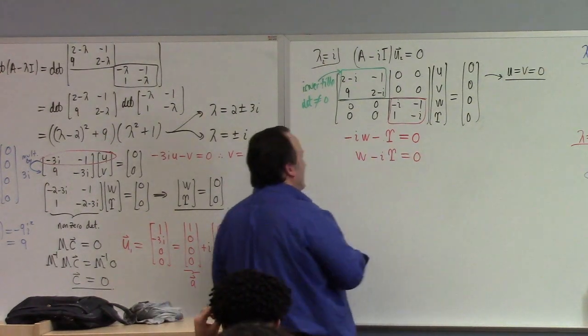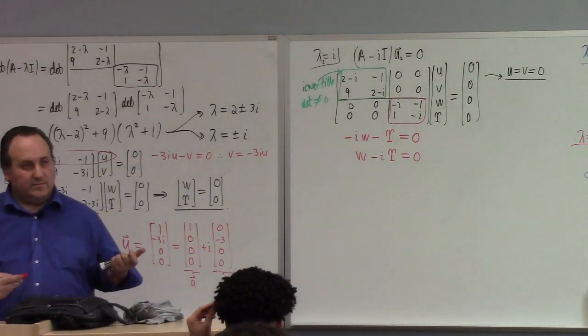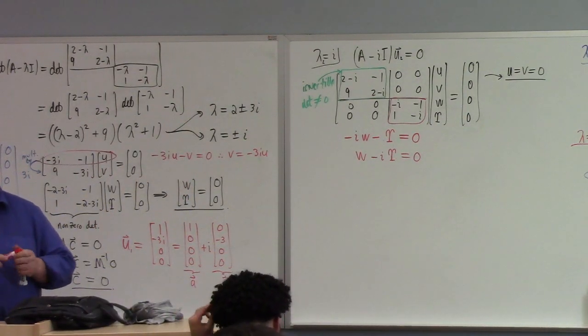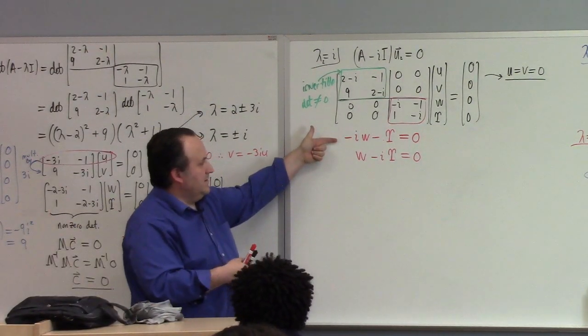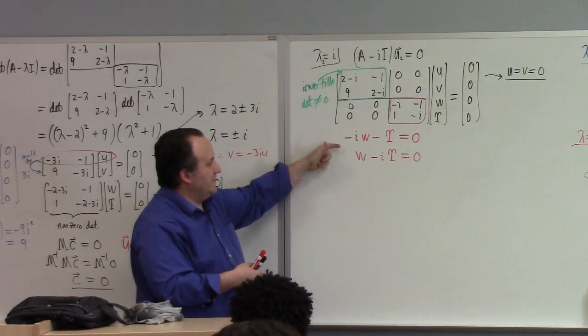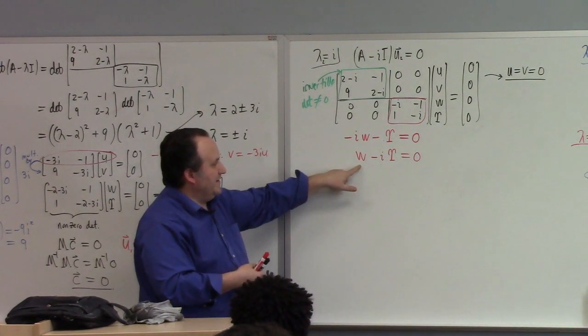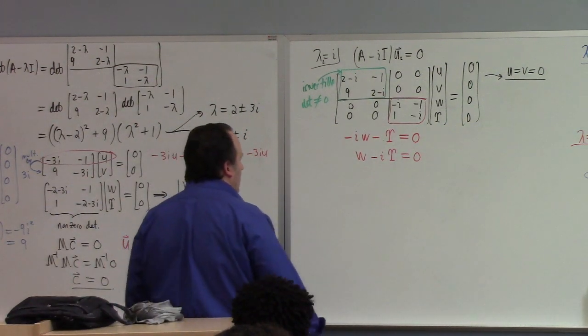Now I certainly don't need to write both, right? These are the same equation. Do you agree? I take this and, let's see here, multiply that by minus i. Wait a minute. Uh-oh.